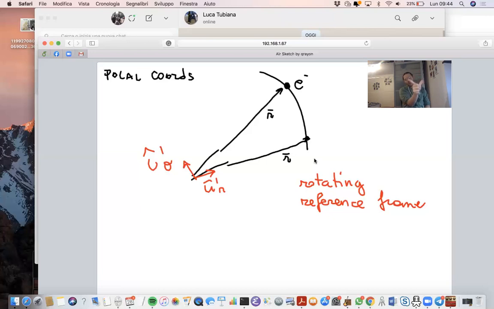You're changing the velocity. A rotation actually involves a change of velocity, which means essentially you have an acceleration. So a rotating frame is not an inertial frame. An inertial frame moves along a horizontal line in constant motion with respect to another one, while a rotating frame is not inertial.